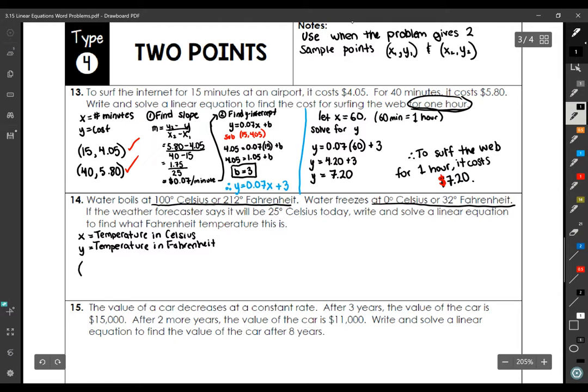Remember, x comma y. So 100 comma 212, and then our next data point is 0 comma 32.